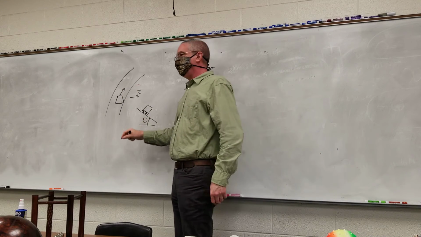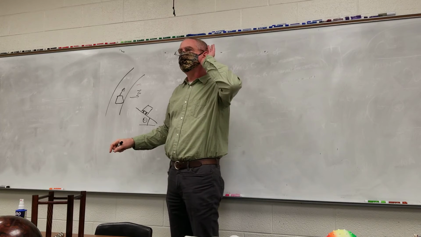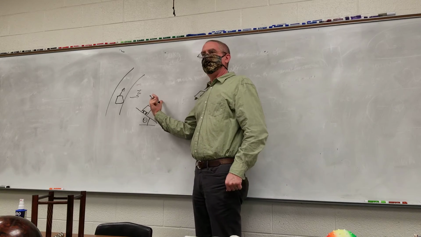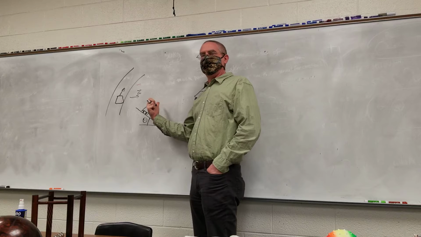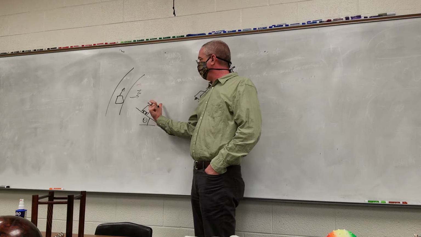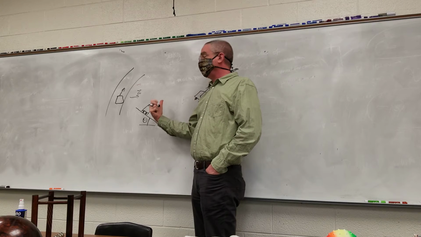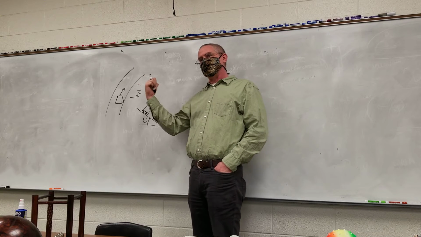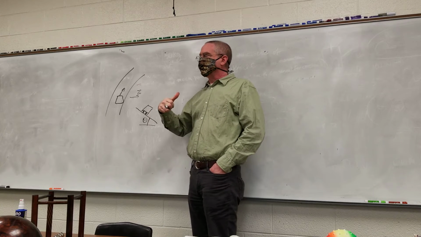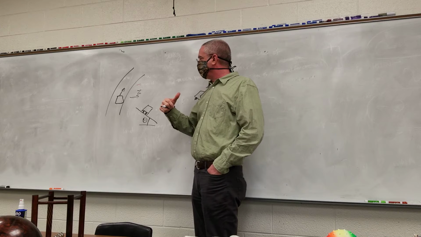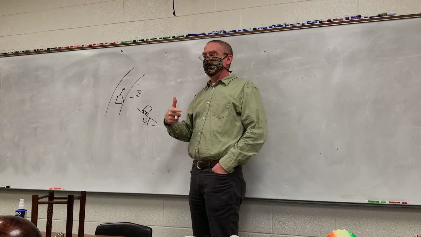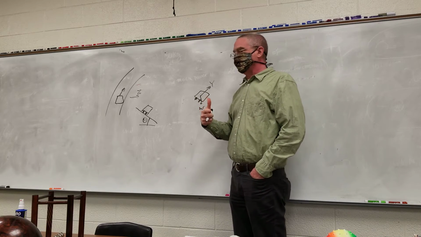Would it be toward the board? That way? Yeah. It'll be that way. If it were changing speed, then you could make an argument that there was something going in that direction. But since all it's doing is changing direction, the acceleration is towards the center of the circle.